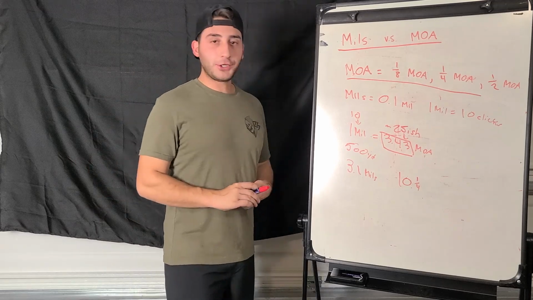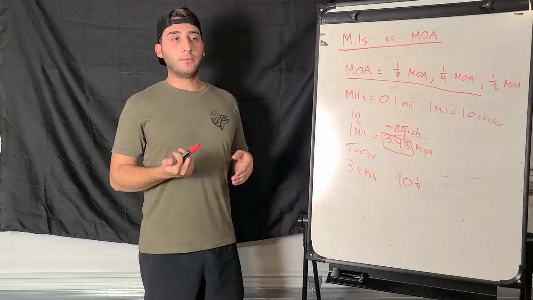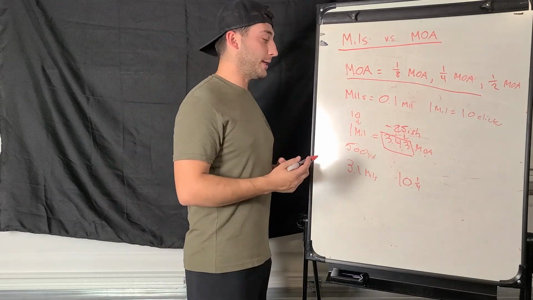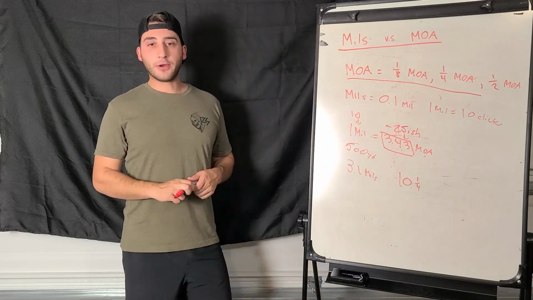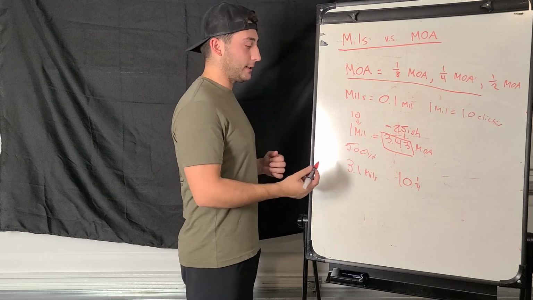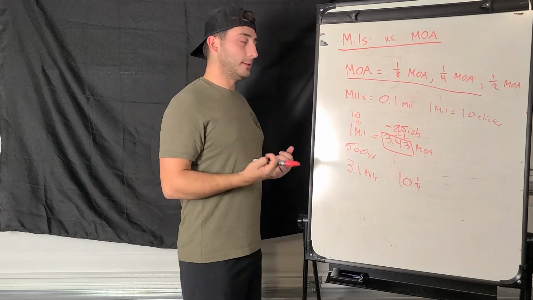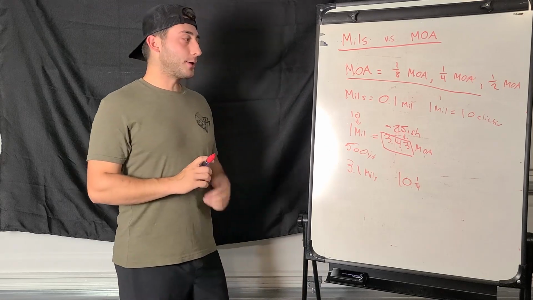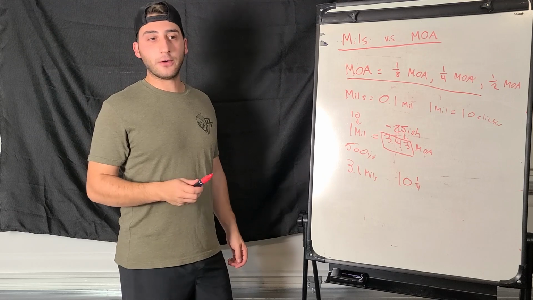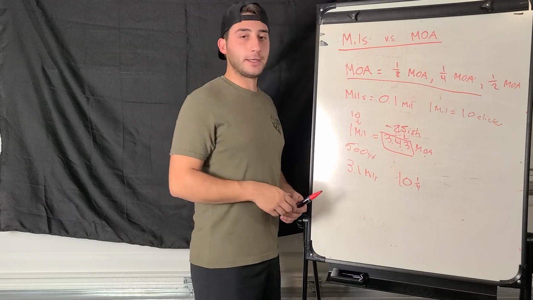If you are an MOA shooter for some reason, and I haven't convinced you that mils are more rooted in fact and science and are better, an easy way to do it is remembering your dope or your elevation setting in dollars and cents. All right. So mils, it's as easy as 3.1, 3.2, 5.5, whatever. For MOA, you can remember your dope as 15.5, or 15.25 dollars and cents. All right, 15.75.